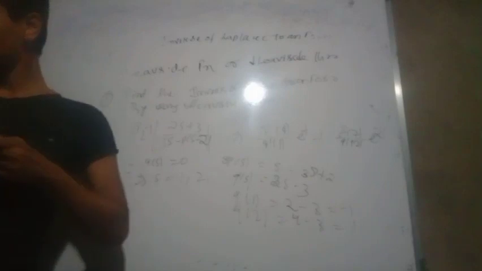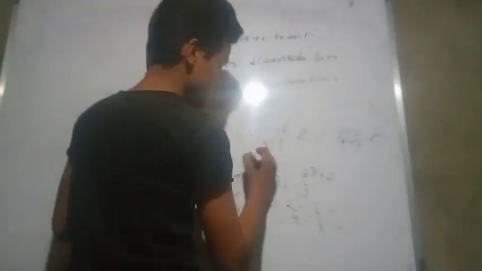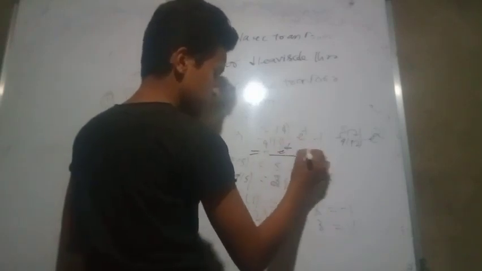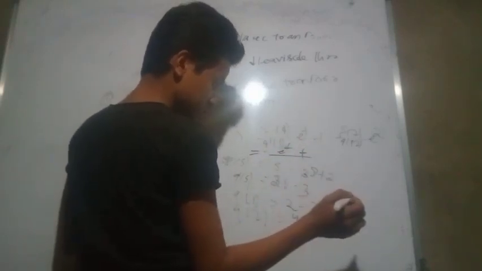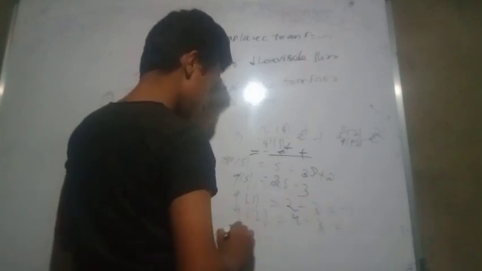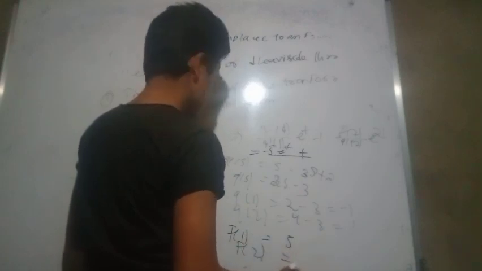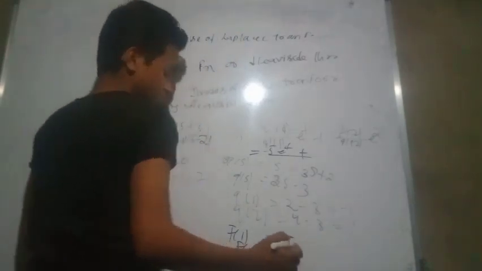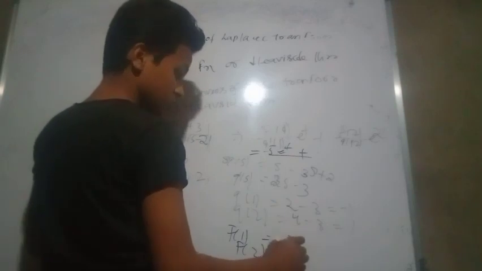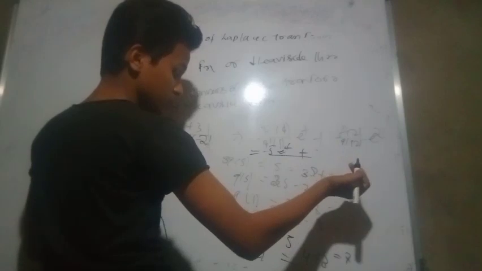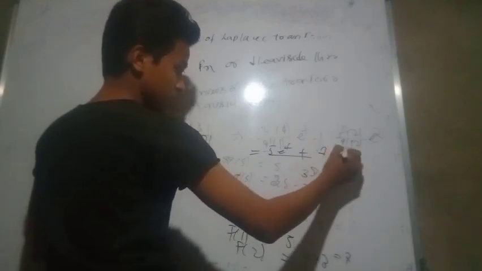So f of 1 gives us, I think, 5, okay, that is 5. f of 2 is what we have written, the value of f of 2 is 4 plus 3, that is 7. So the value will give us 7 by e to the power 2t, which is our inverse Laplace transform.